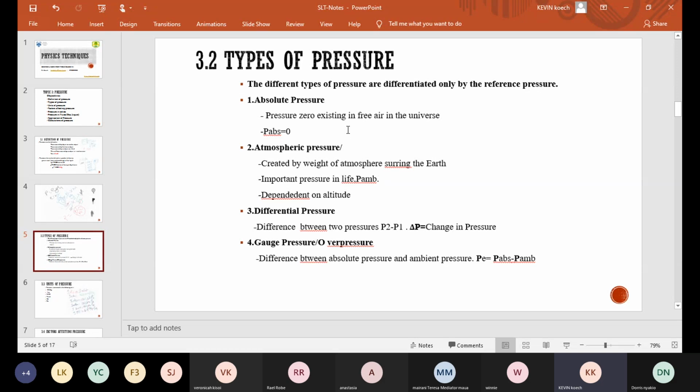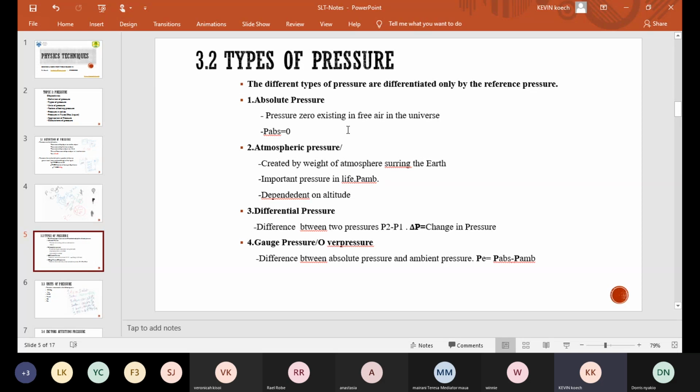So types of pressure, we have number one, absolute pressure. This pressure is equal to 0, and this pressure exists in free air in the universe. So that is called absolute pressure. Absolute pressure is a reference also. It's given as P, with the short form ABS for absolute, equals 0.